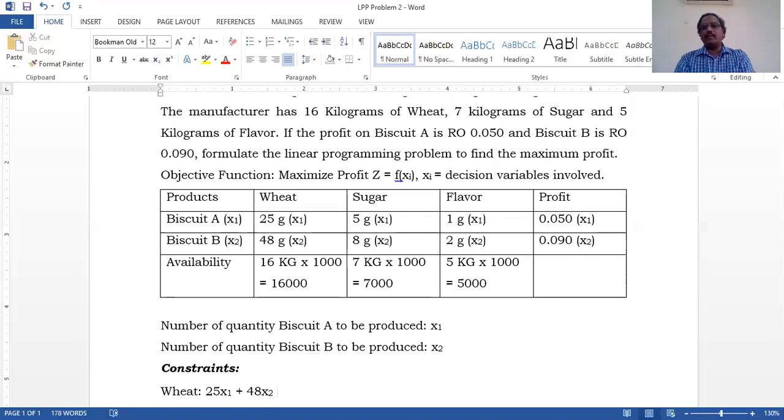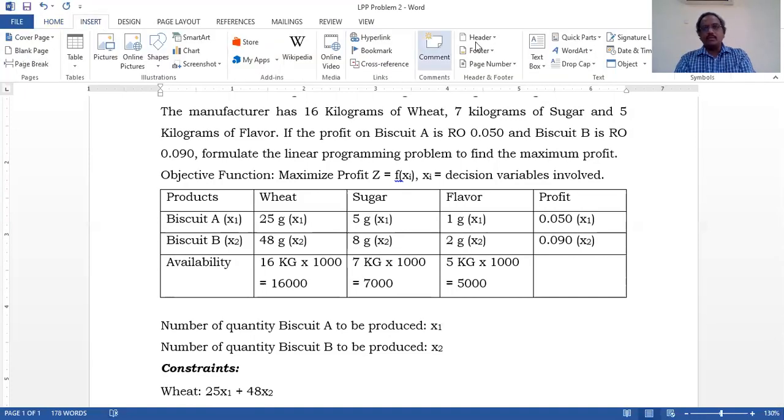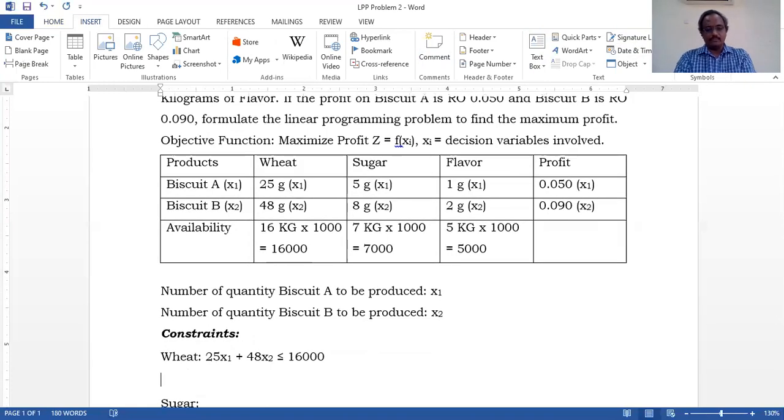Here again they have given the maximum availability. So I'm going to construct the inequality with less than or equal to. What is the availability? This is 16,000 grams. When we check for sugar, this is 5x1 plus 8x2.